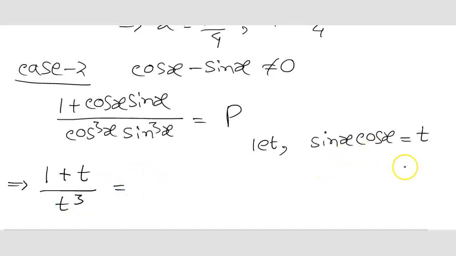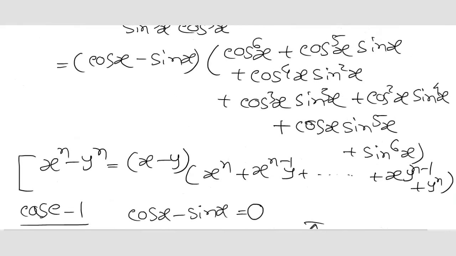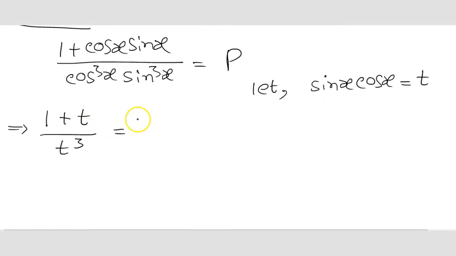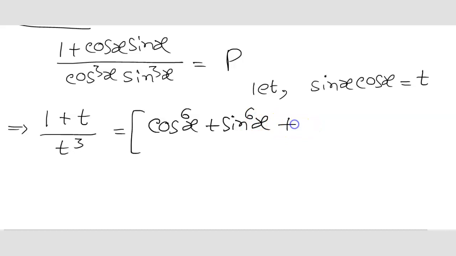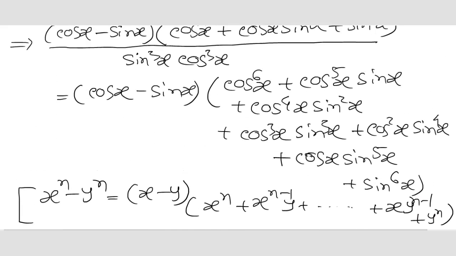But what about this large thing? See, there is cos to the power 6x plus sin to the power 6x, so we can make them separate. At first we separate them, and then we can do some more things.